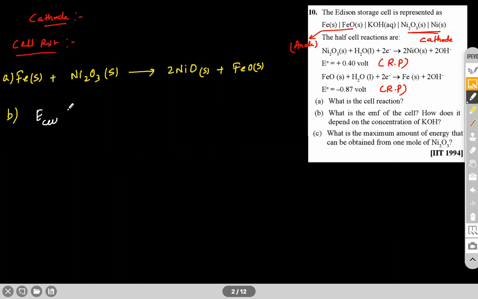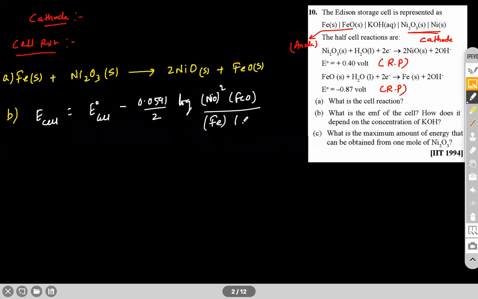Again, we'll use Nernst equation: E cell equals E naught of the cell minus 0.0591 by 2 log of [NiO]^2 [FeO] divided by [Fe] [Ni2O3]. I think this should be right. All these are given as solid.